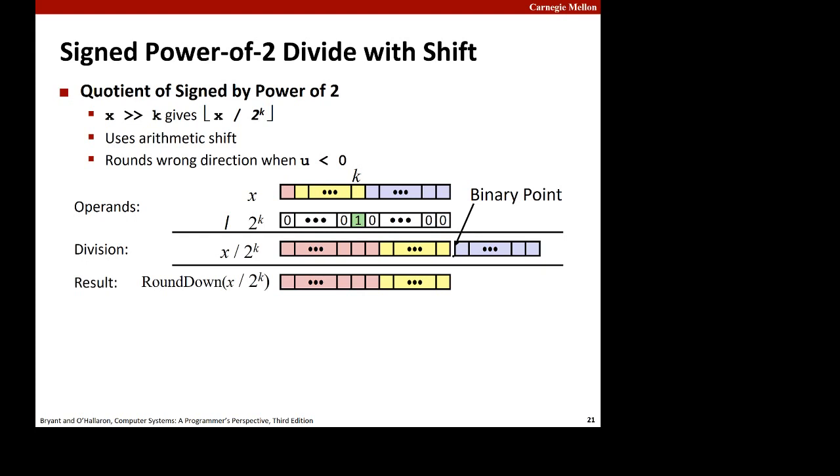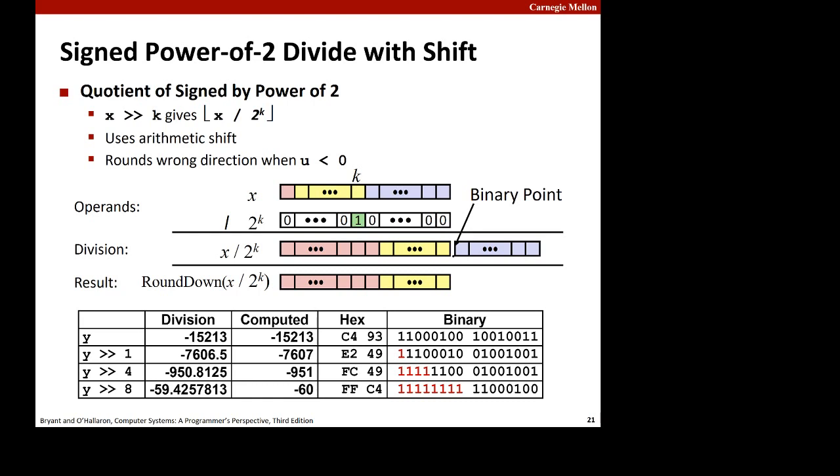The idea is the same: remember, in arithmetic shift, we fill in by copying the most significant bit over and over again. You can imagine for positive numbers, it's just the same as what we saw before. For negative numbers, you see that it doesn't quite do the right thing.